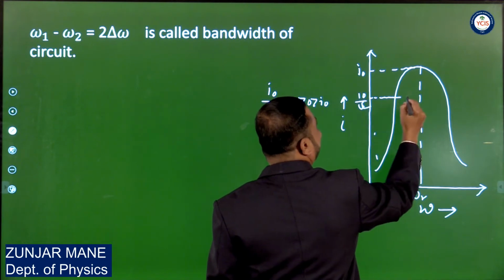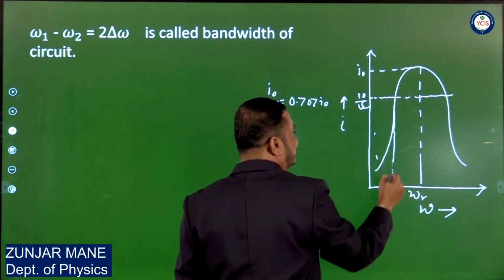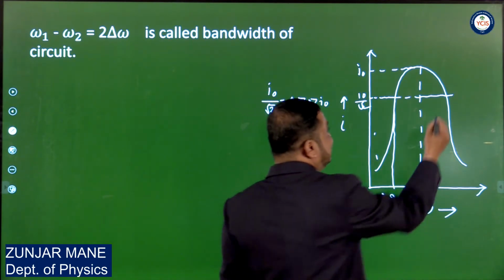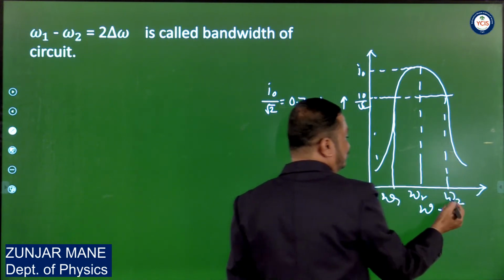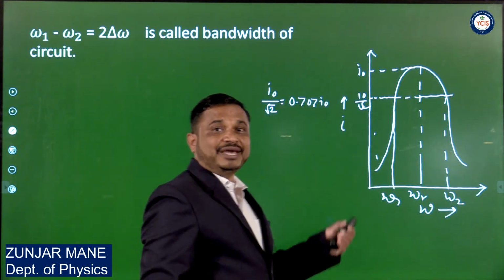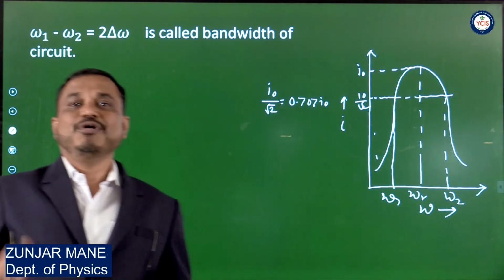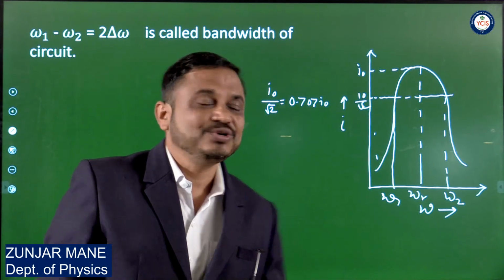So there are two values of frequencies. One is below omega_r, suppose that will be omega 1, and another is above omega_r, that will be omega 2. Then omega 2 and omega 1 are the angular frequencies for which the power dissipation is half that of resonance.